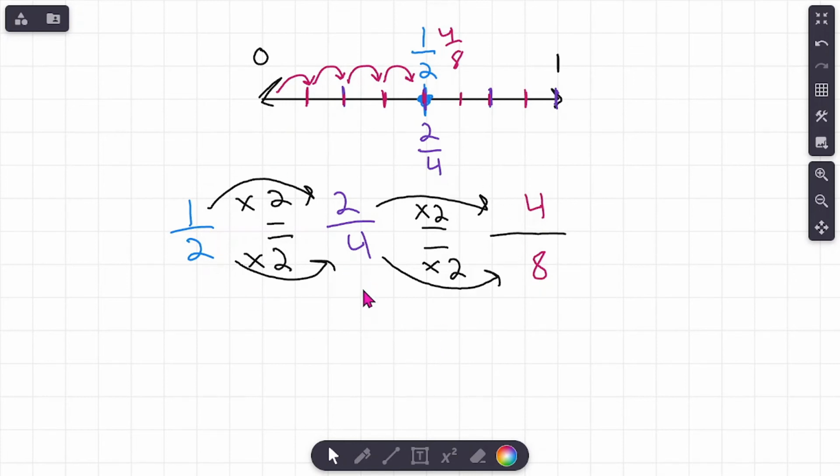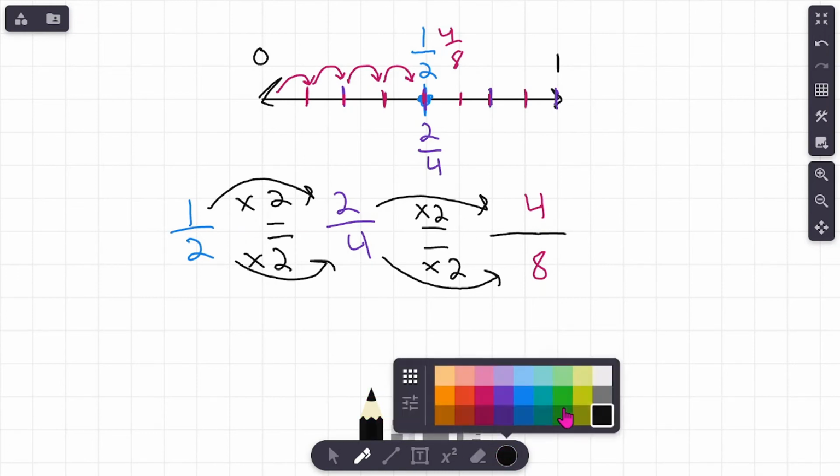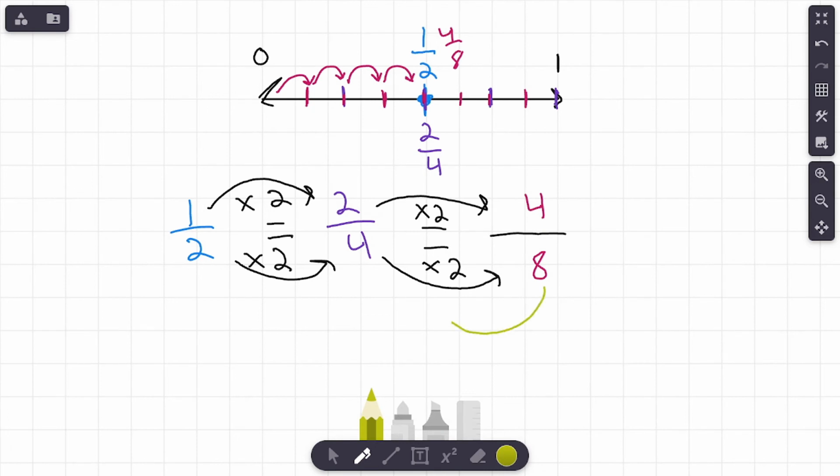This here is going to be something that you're going to use quite often. And one thing I do want to point out to you as well is, if we multiplied by 2, what if we wanted to go the other direction? What if we wanted to go from 8 to 4 and from 4 to 2? What's the opposite of multiplication? Division. The opposite of multiplication would be division, so we would divide by 2.